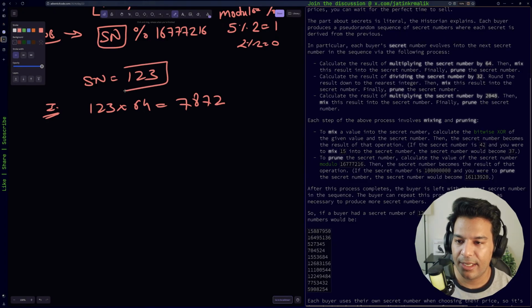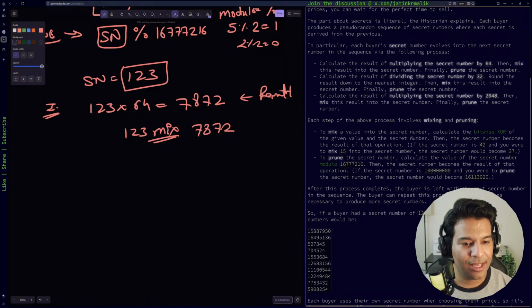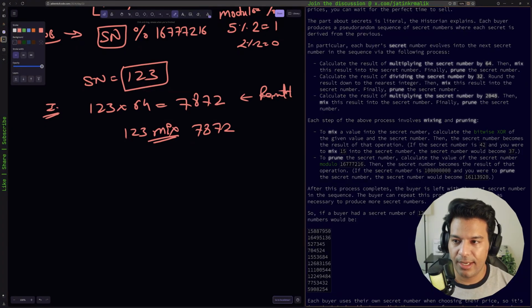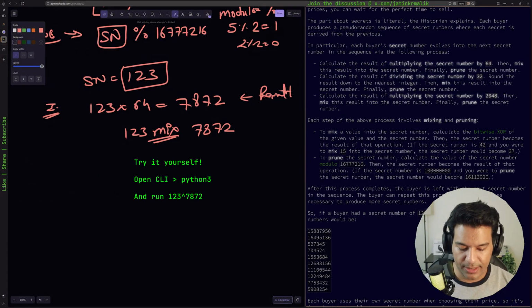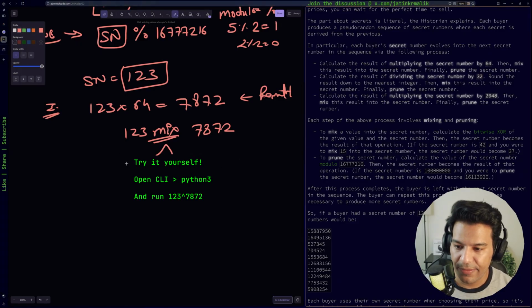This was our secret number and this is our result. So we now do 123 mix 7872, where mix means nothing but a bitwise XOR. I'll open our terminal quickly and do that. 123 XOR 7872 gives us a value of 7867.